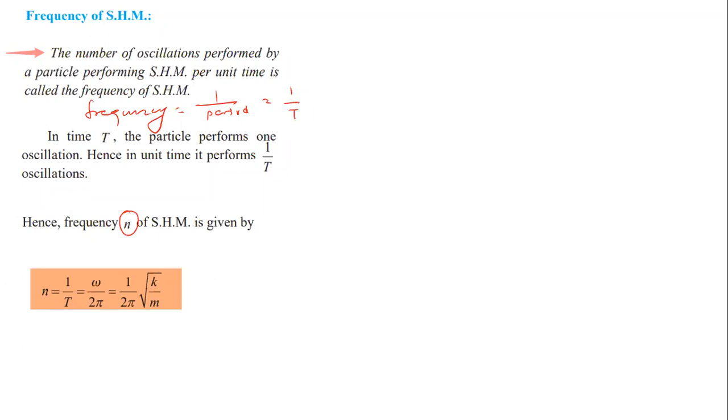Second, in terms of omega, omega upon 2 pi. Third, in terms of k and m, 1 upon 2 pi under root k by m. These are the different formulas of frequency which you have to remember. So remember the formula of T, and just write its reciprocal as the frequency.